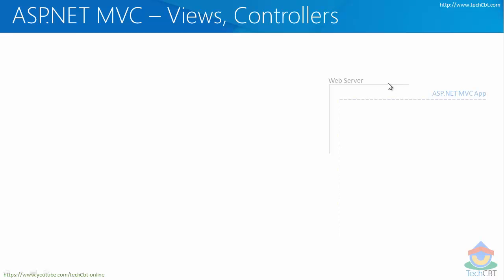So let us consider you have a web server, and this web server is currently hosting an ASP.NET MVC application in this fashion. So I have one ASP.NET MVC application hosted inside a web server. So let us consider what exactly is a view. First of all, a view sits inside an MVC application, and this particular view is nothing but a user interface.